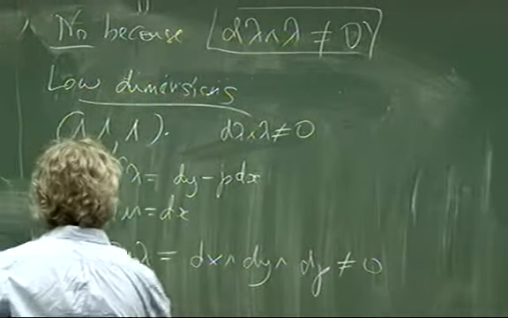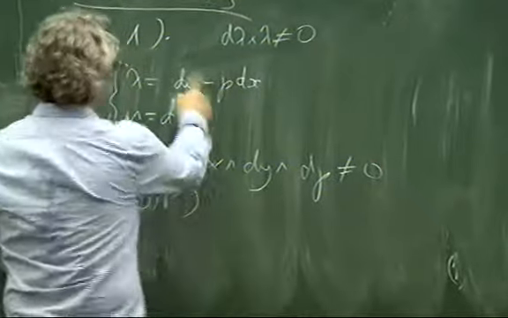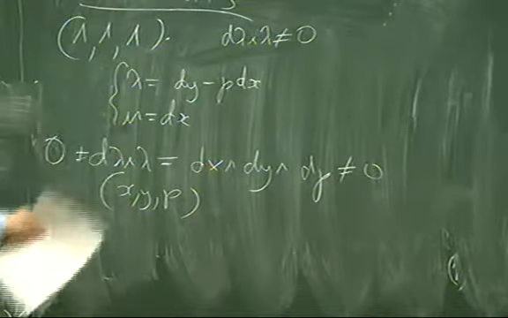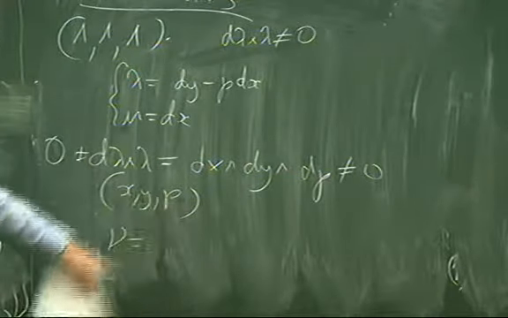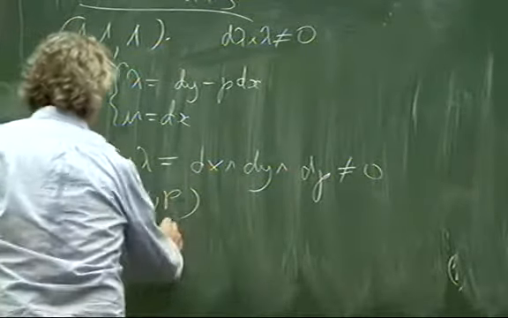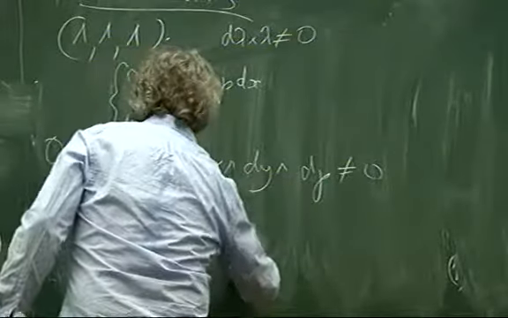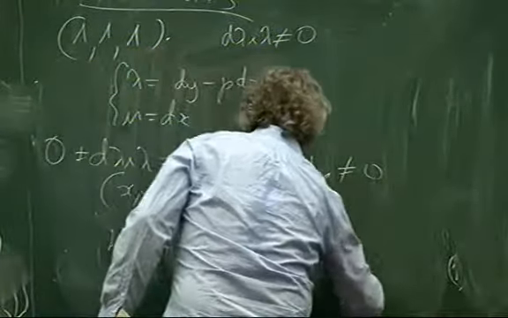So then I can have x, y, and p as coordinates here, and having these as coordinates, I just write μ in the most general form in terms of these coordinates, which is something like a dx plus b dy plus c dp.